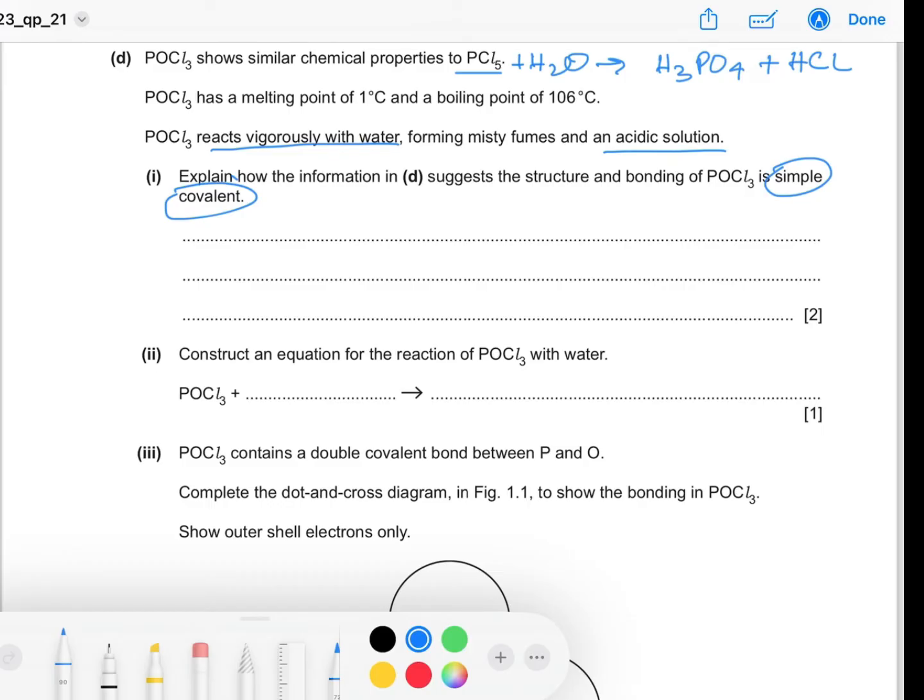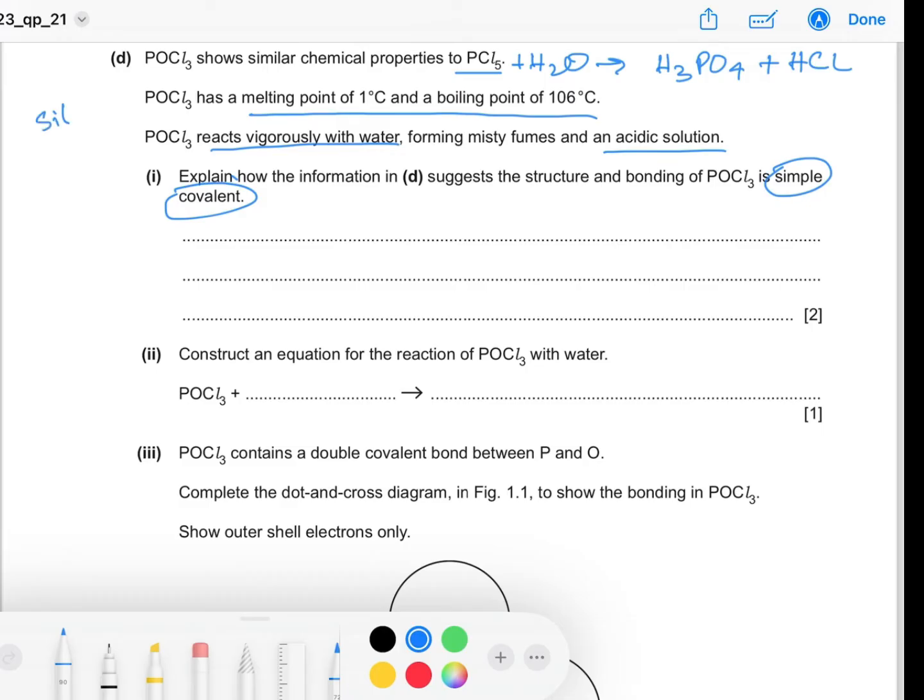opposed to a giant covalent structure, which, for example, diamond or silicon oxide has, with stronger forces. So in the case of a simple covalent compound, you would have weaker intermolecular forces or van der Waals forces as the primary intermolecular forces, and that's indicated by the fact that it has a relatively lower melting and boiling point compared to those of silicon oxide or diamond, which have much higher melting and boiling points due to their stronger forces.